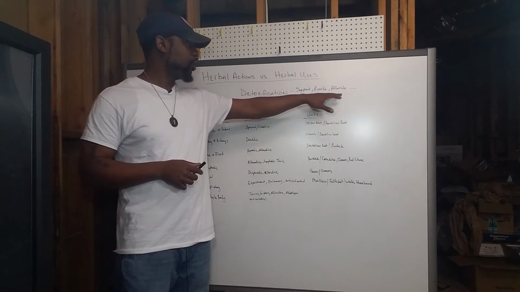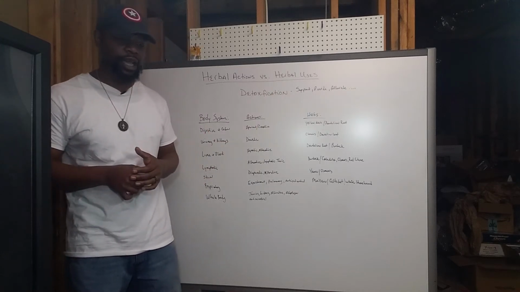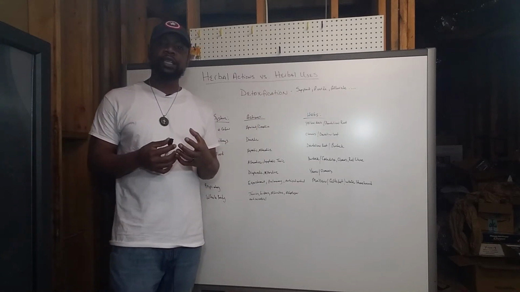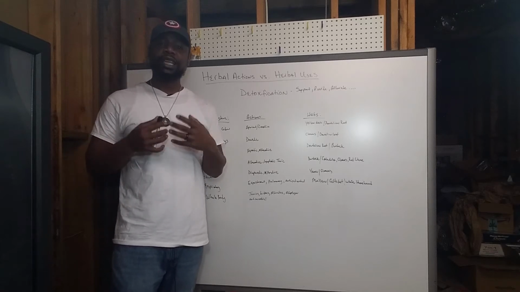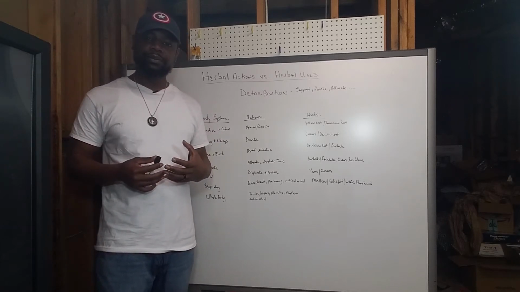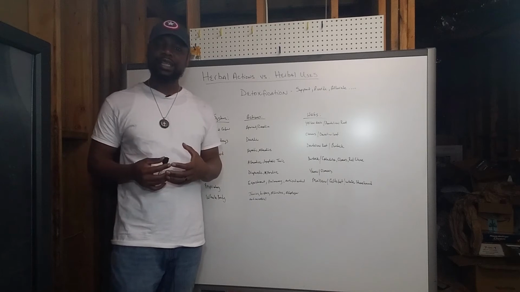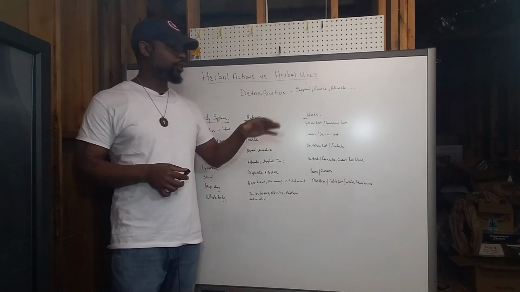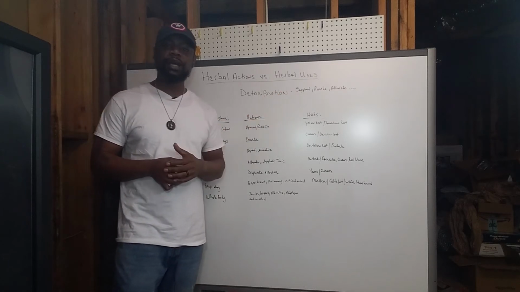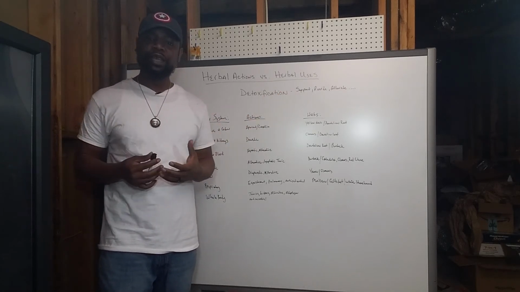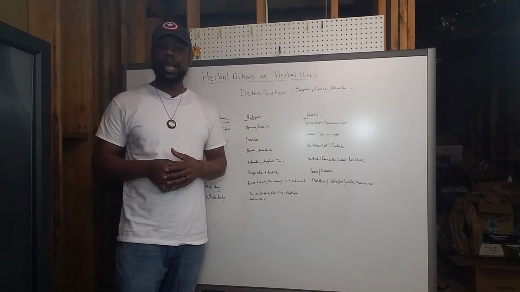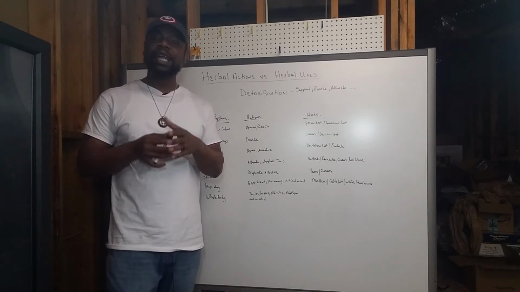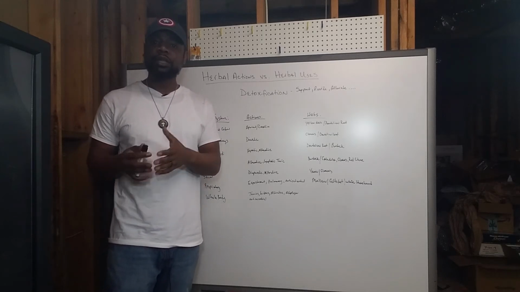All right, now the third one is the alleviation. The detoxification process should alleviate the symptoms and the pathology that is present within the body. I'll say that again. The third principle of the detoxification process is that it should alleviate the symptoms that you've been having and the pathology that is present within your body.